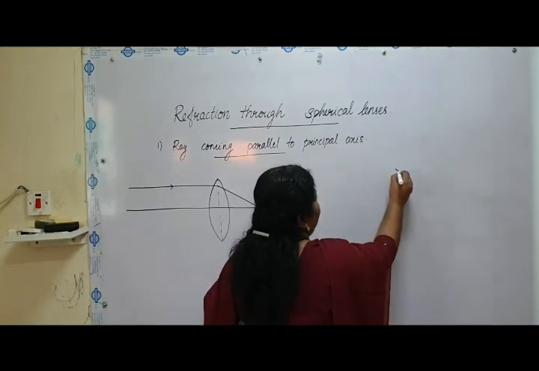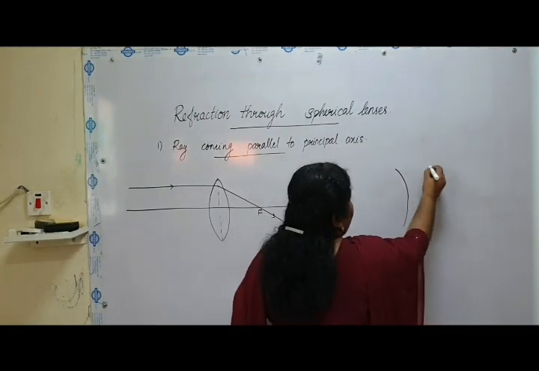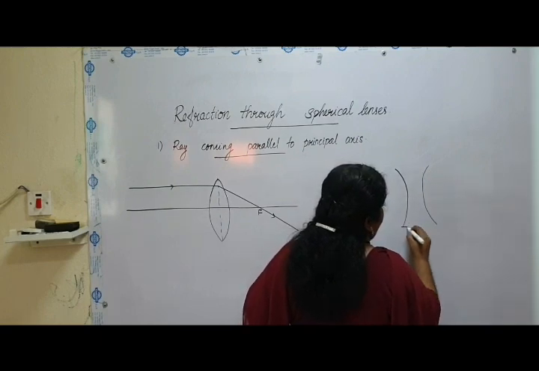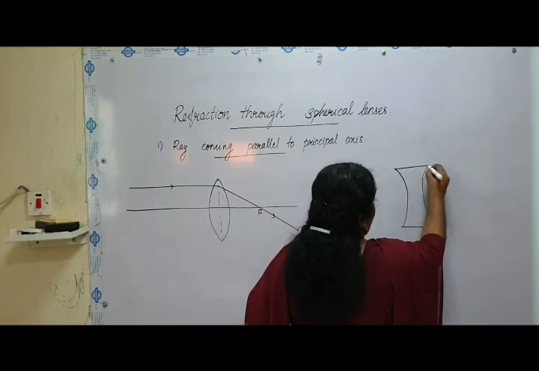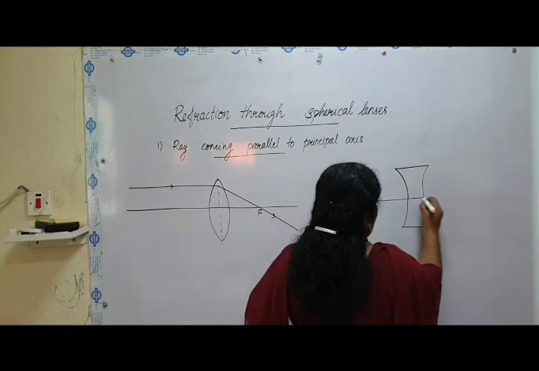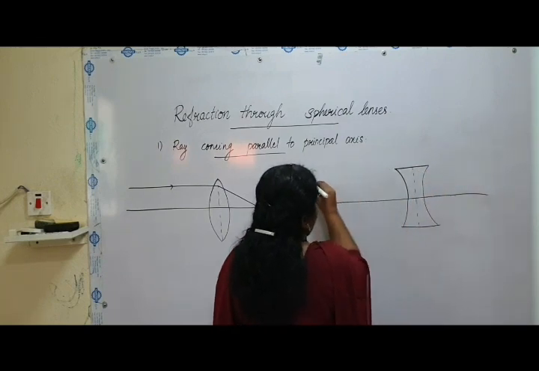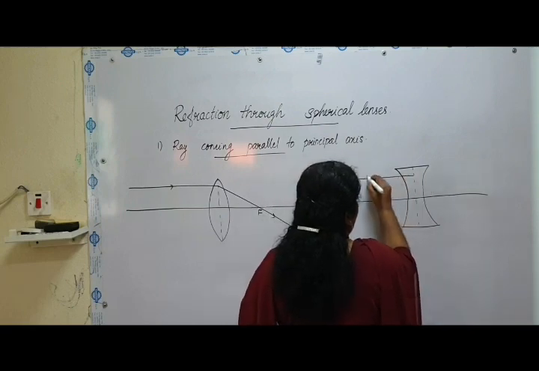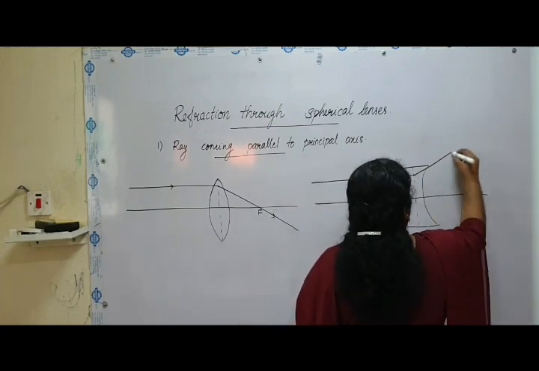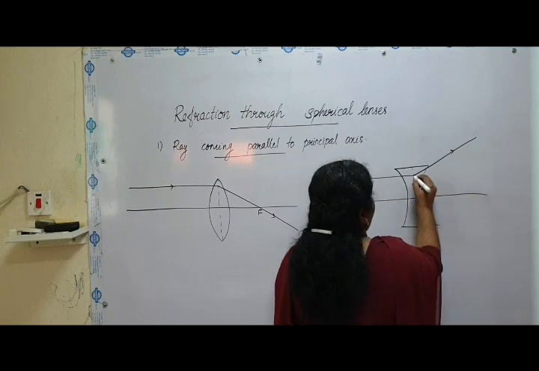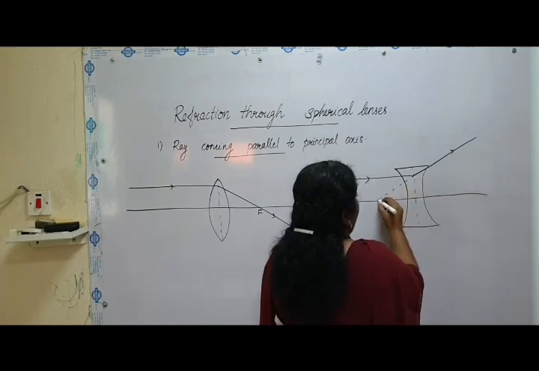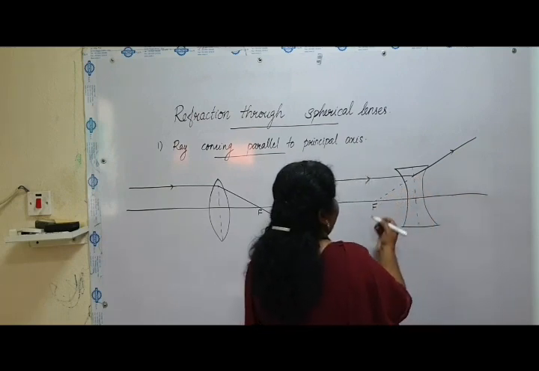Now next we are going to draw the case of concave. So here a ray which is coming parallel, after refraction diverges and it appears to come from the focus.